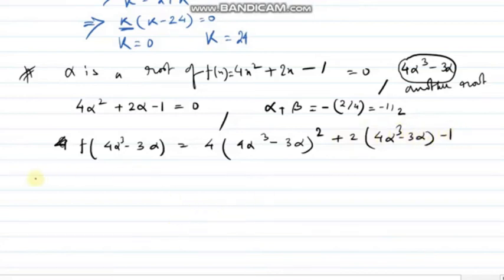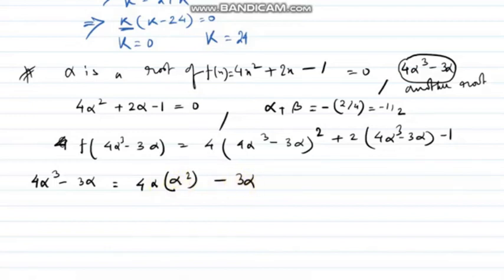Right? Another thing we can do, let's try to find out 4 alpha cube minus 3 alpha. Can I write this as 4 alpha into alpha square minus 3 alpha? Just check. What's the value of 4 alpha from here? 1 minus 2 alpha, right?